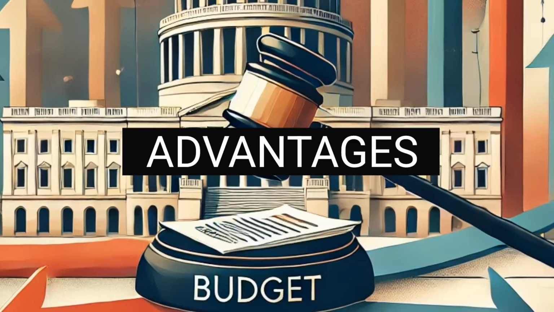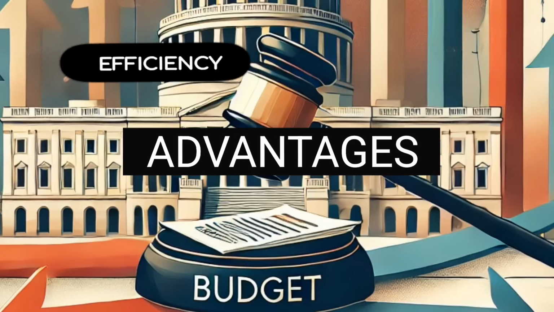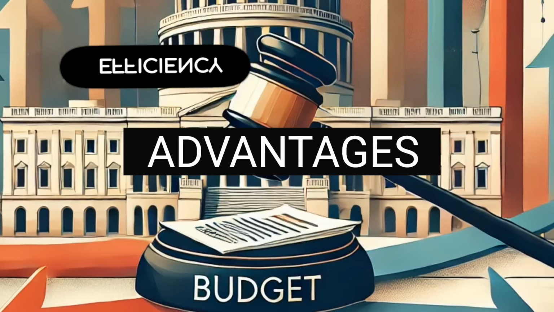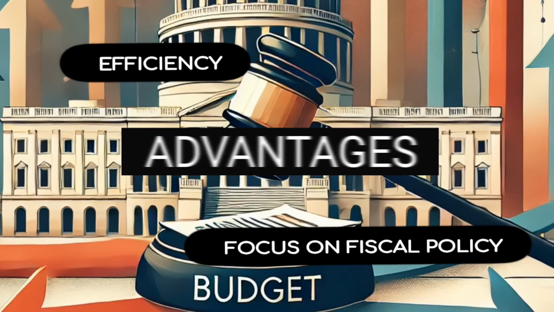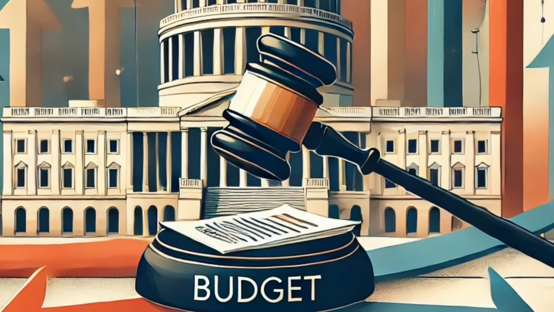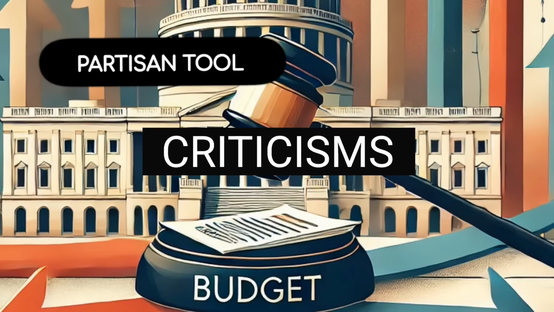Why is budget reconciliation controversial? Proponents say it has these advantages. Efficiency. Reconciliation allows Congress to bypass the filibuster and pass legislation with a simple majority. Focus on fiscal policy. It ensures that budgetary priorities can be addressed without procedural roadblocks. Critics say it has issues such as partisan tool.